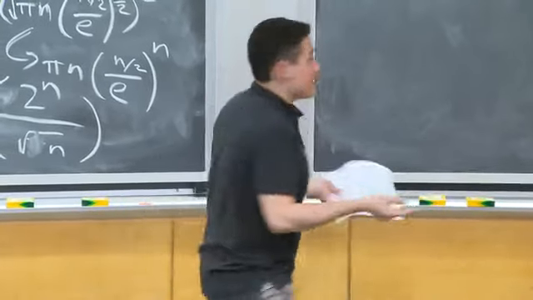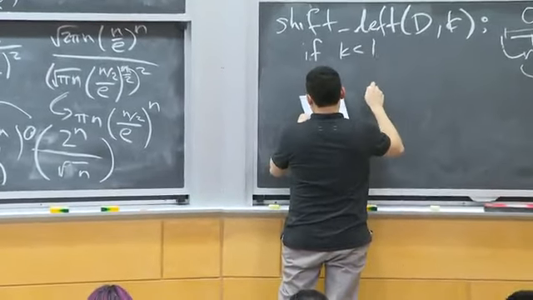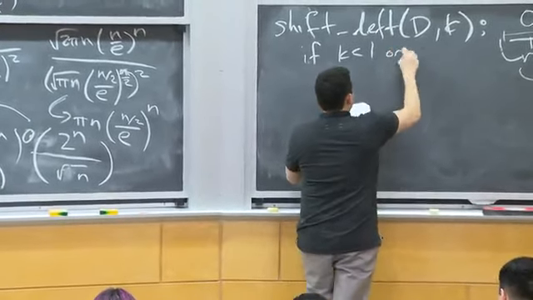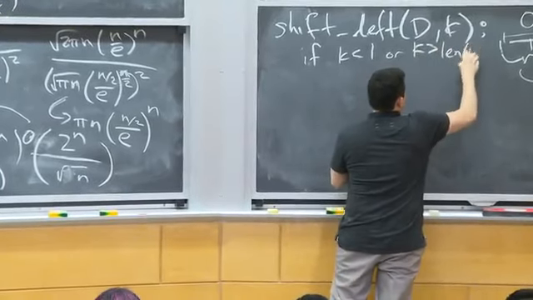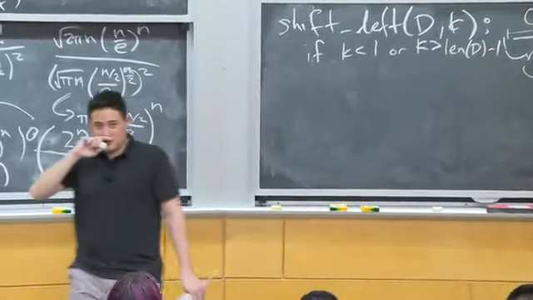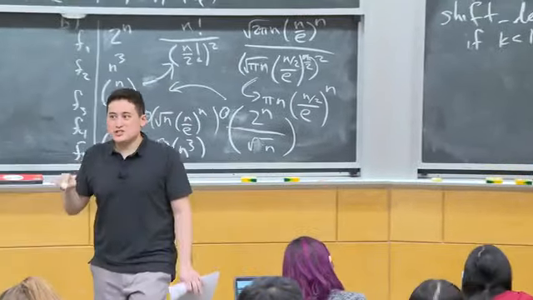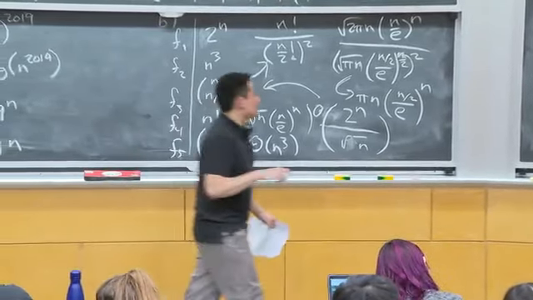So let's just not do anything, right? If k is less than 1, or k is bigger than the length of d minus 1. So I don't know what to do if you're asking me to shift more than the things I have, right? So let's not do that.